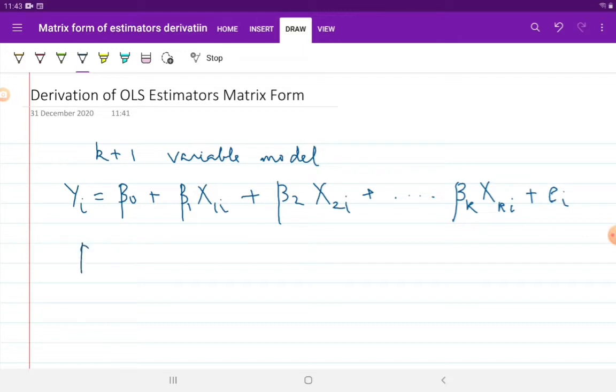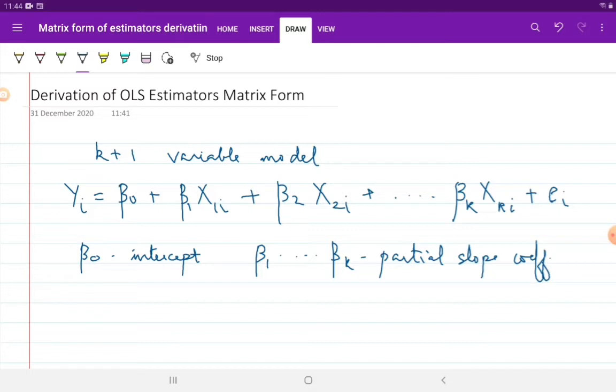Now remember, beta naught is the intercept term, beta 1 to beta k are your partial slope coefficients. And remember, when you say the number of variables in the model, you include all the x variables and the dependent y variable as well, which is why, since we have k explanatory variables, it's a k plus 1 variable model including the dependent variable y.